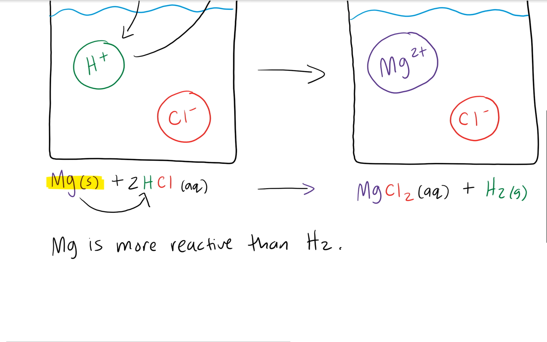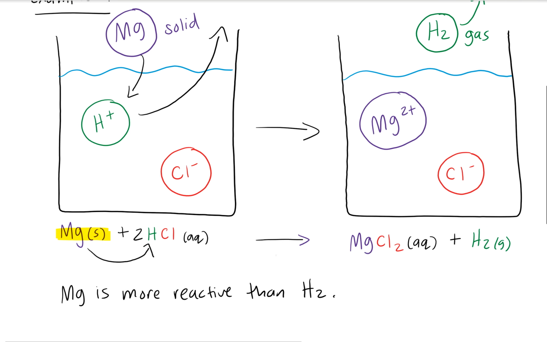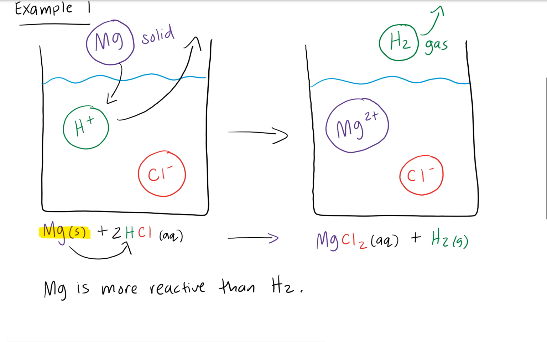So here, if we had the option to choose, okay, which one of these, magnesium or hydrogen, is going to be bonded to something else, we can say that magnesium is more likely to be bonded to the chlorine because magnesium is more reactive. Hydrogen is less reactive, and that's why it's found by itself as hydrogen gas at the end of this reaction.